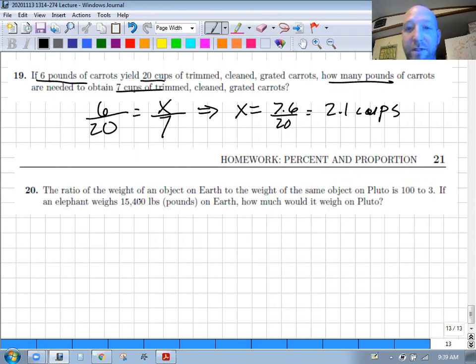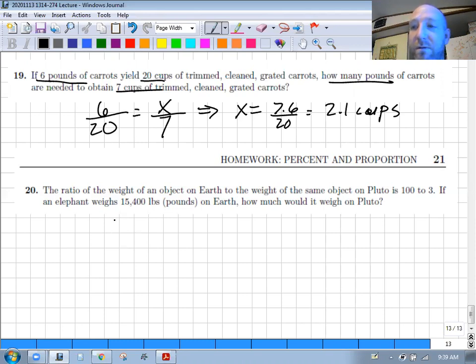I guess what weighs 100 pounds on Earth would weigh 3 pounds on Pluto, because Pluto is much smaller than Earth. It doesn't have the same gravitational pull. All right, so if an elephant weighs 15,400 pounds on Earth, how much will it weigh on Pluto?